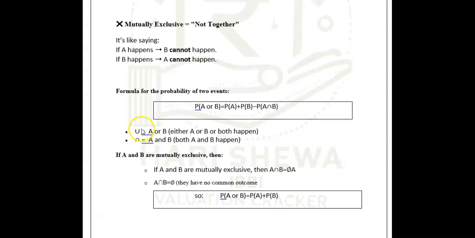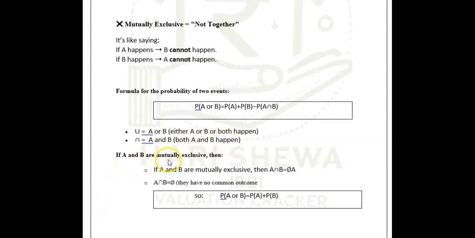This symbol, U, is called union. So A or B means either A or B or both happen. Maybe A happens, maybe B happens, or both happen. If the U is reversed, it means both A and B happen.